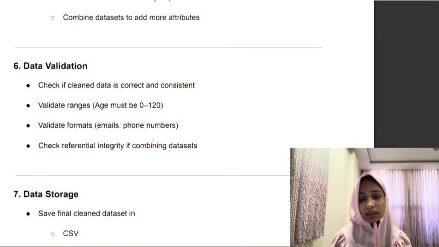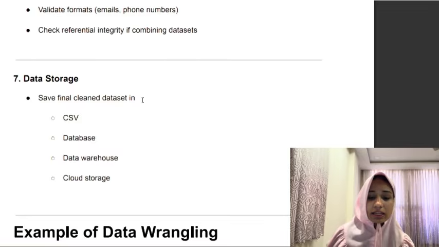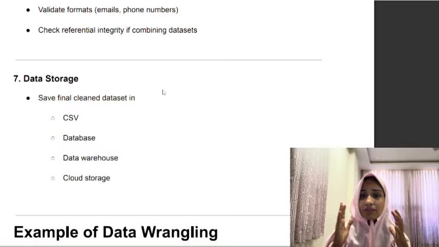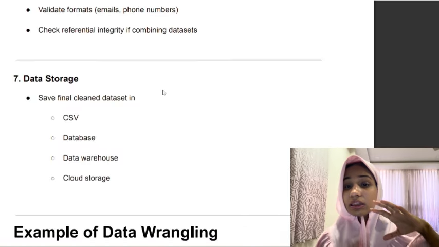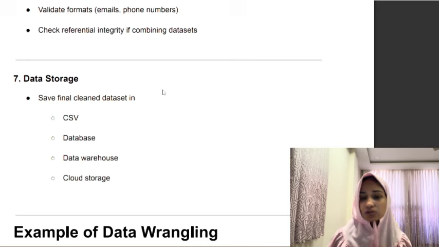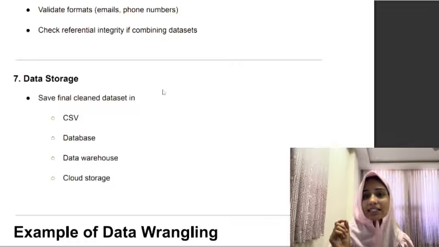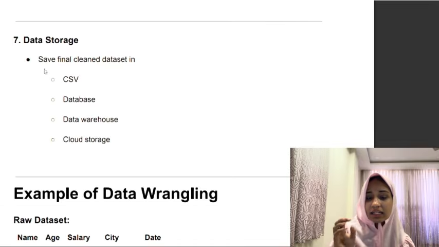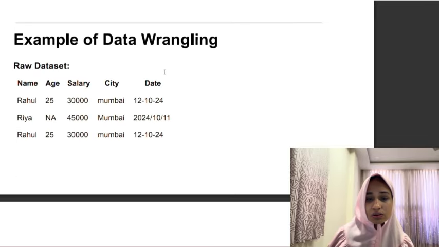Then data storage: save clean data sets. We need to store the cleaned data in the proper format, like CSV, databases, data warehouse, or cloud storage. So this is the data storage.